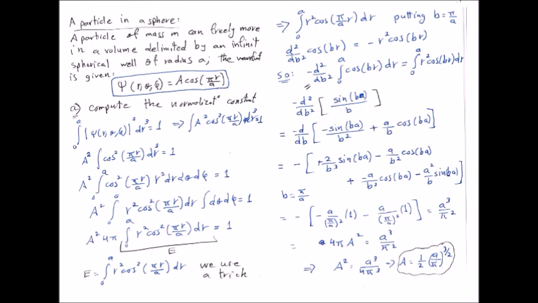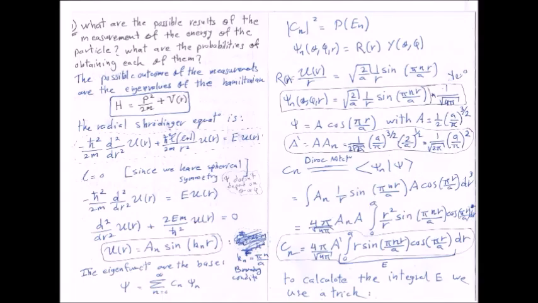So this is equal to 4 pi A squared. So the capital A, which is the normalization constant, will give you 1/2 (a over pi) to the power 3 over 2.